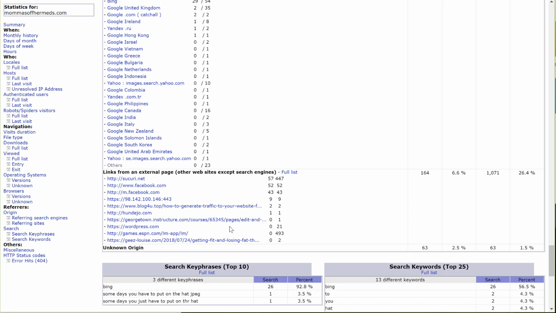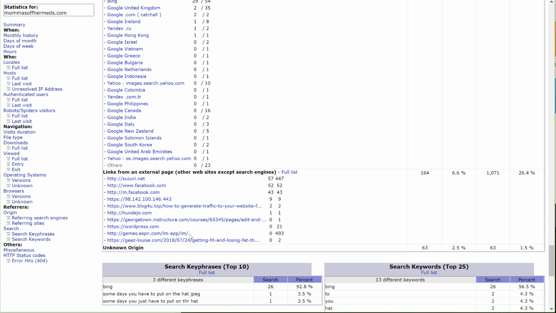And you can see games.espn, and you're thinking, why would games ESPN be linking to me? And it's not. Like I said, there's a way that they can trick your server into thinking that they've linked to you so that you click on them.